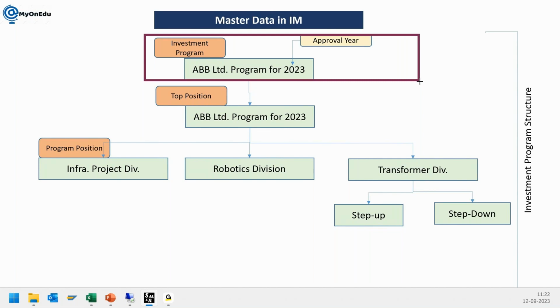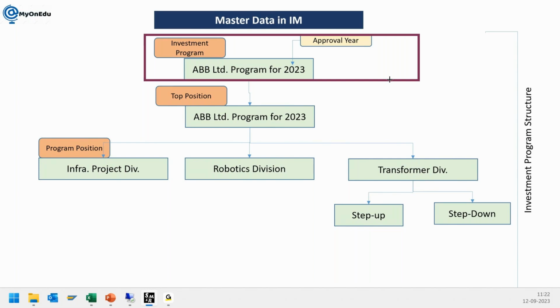So, for example, again we are taking ABB Limited here. ABB Limited has its capex budget program for each year. They might have $100 million, $50 million, depending on the scenario, but we are saying they have only one budget program. So we will create one budget program for ABB Limited, and that is for 2023.